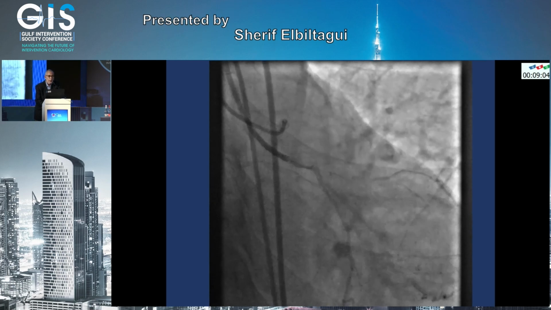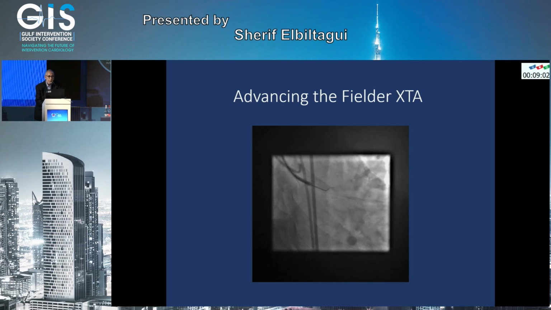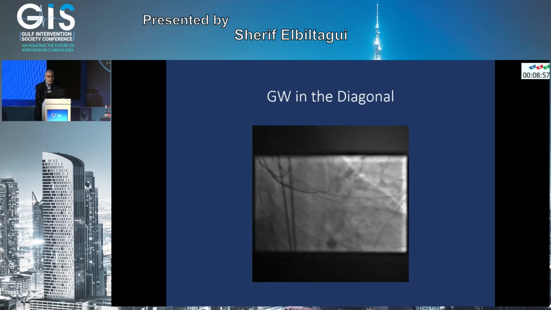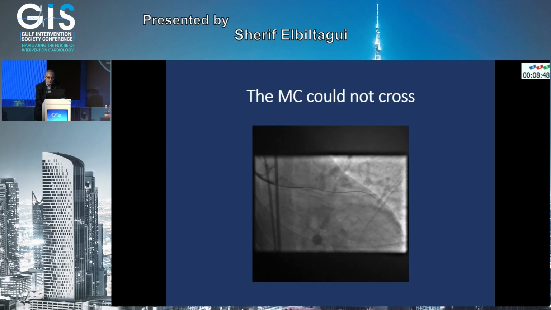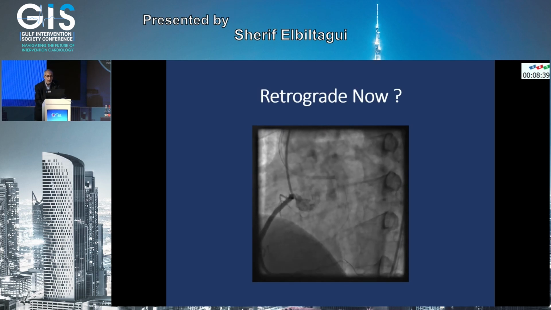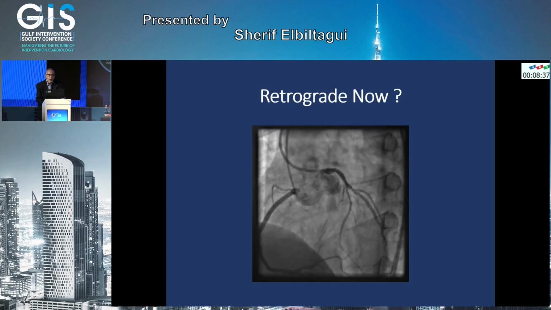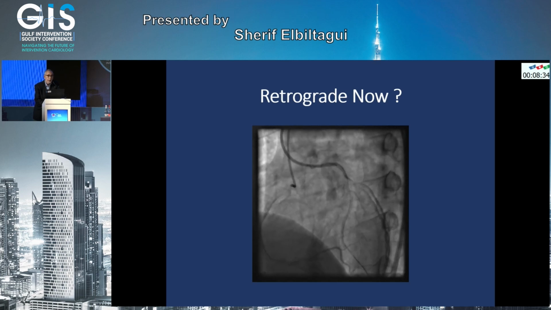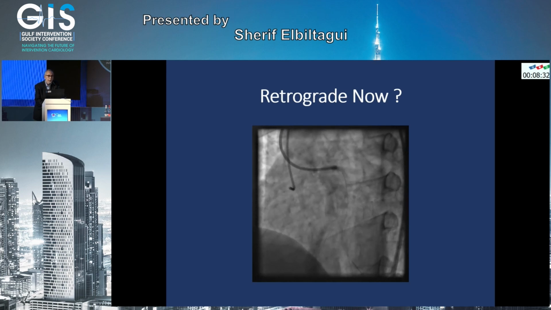The wire could negotiate the proximal cap, avoiding the prolapse, and I could advance to the diagonal, not to the LAD, but the microcatheter couldn't advance through the ostial proximal cap. So I used a balloon, and after ballooning proximally, I could get a rather good flow, but to the diagonal, not to the LAD.